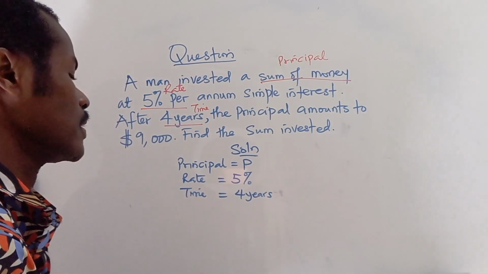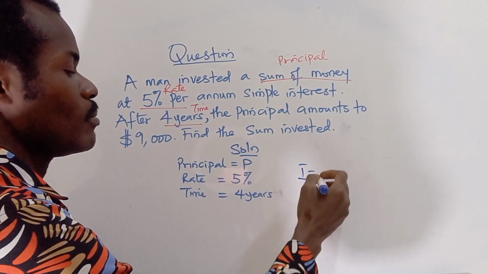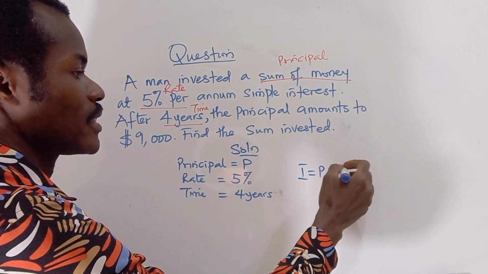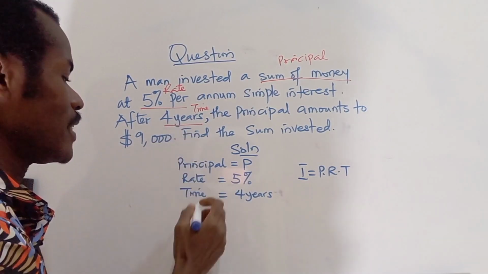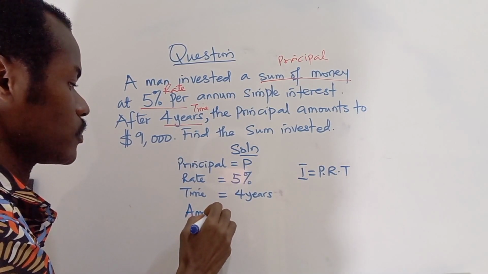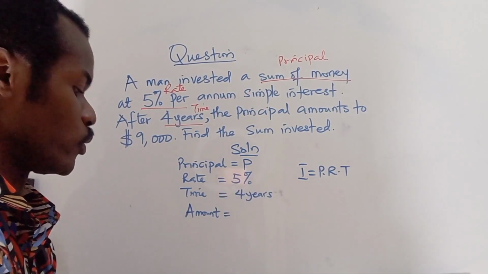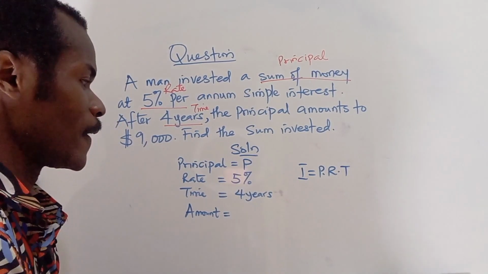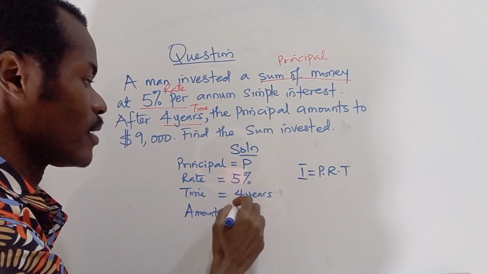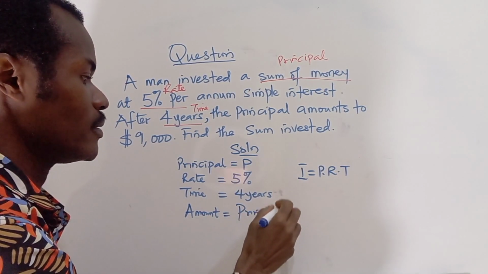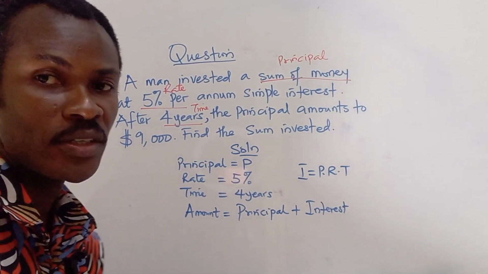For this investment, there should be an interest. Normally, the interest is principal times rate times time. Now, the amount is the money that it amounts to. Whenever you borrow any sum of money, you also have to add the interest to the principal, the principal plus the interest, when returning the money.